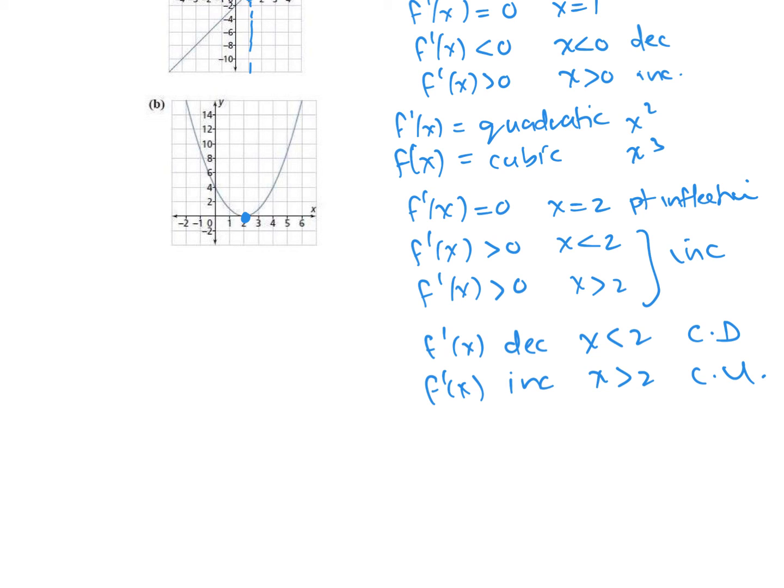So my graph at 2 would be the inflection point, concave down before 2 and concave up after 2. This being the point of inflection, it is always increasing, so it's going up from left to right.